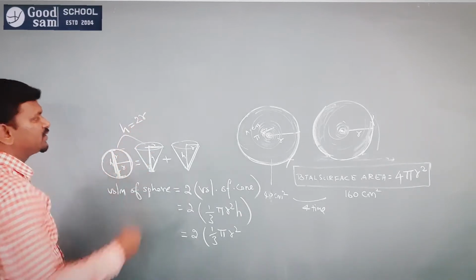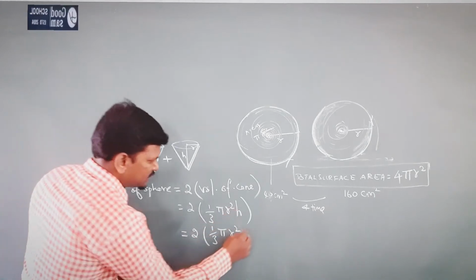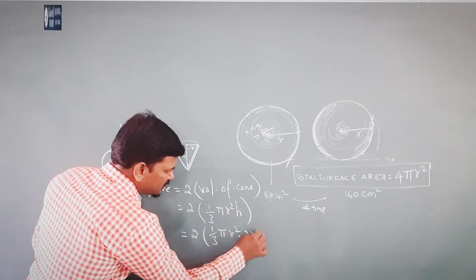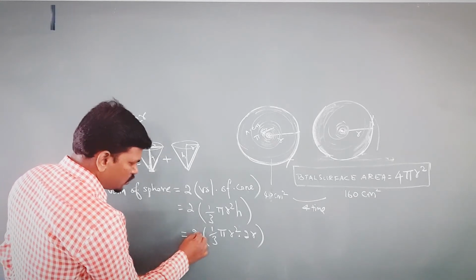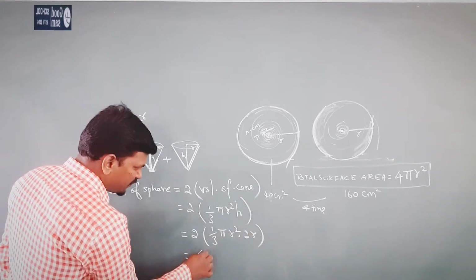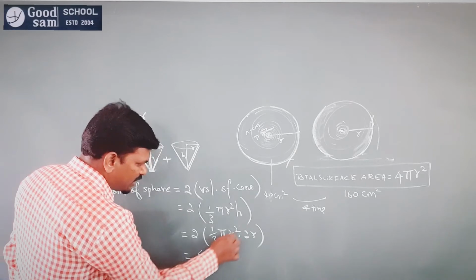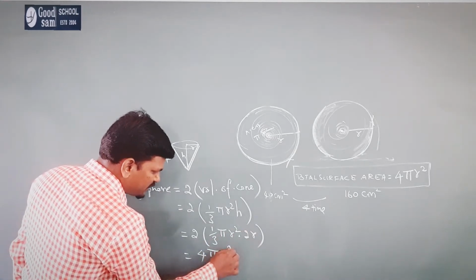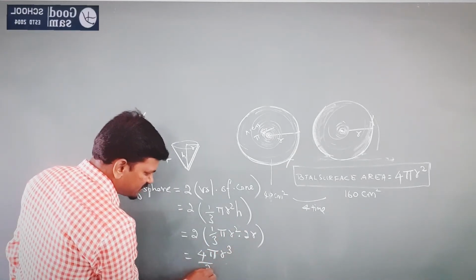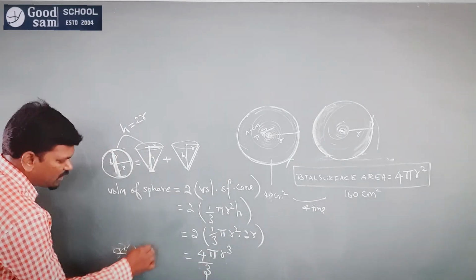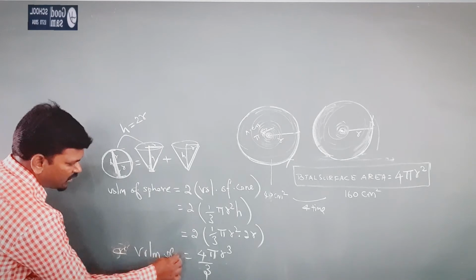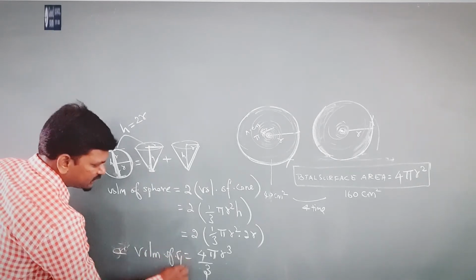So h can be substituted as 2r. Now 2 twos are 4. This is πr² into r³ by 3, so 4/3 πr³. This is the formula to find the volume of a sphere.